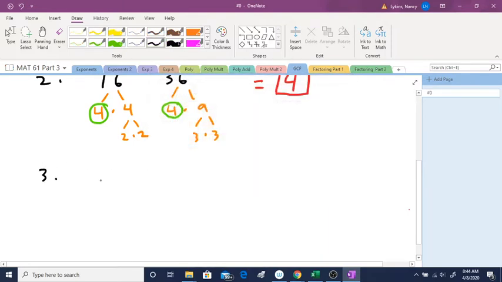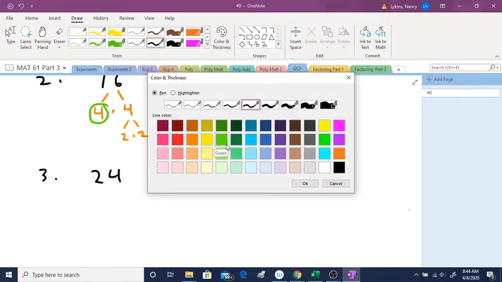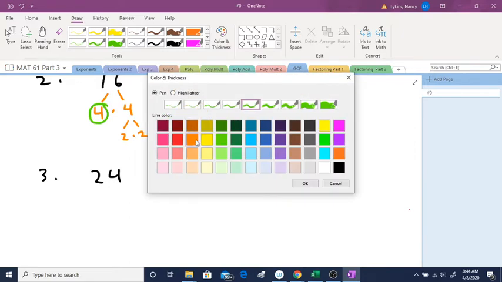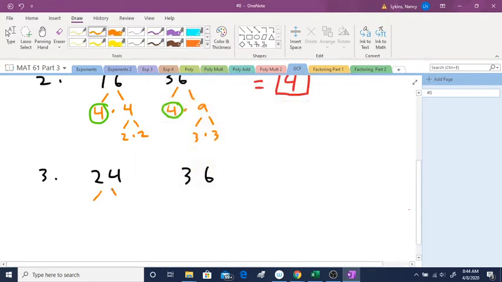Let's try 24 and 36. Now, with 24 and 36, there's a lot of different variety of ways that we can factor it down. So I'm just picking one randomly. I'm going to pick 2 and 12.